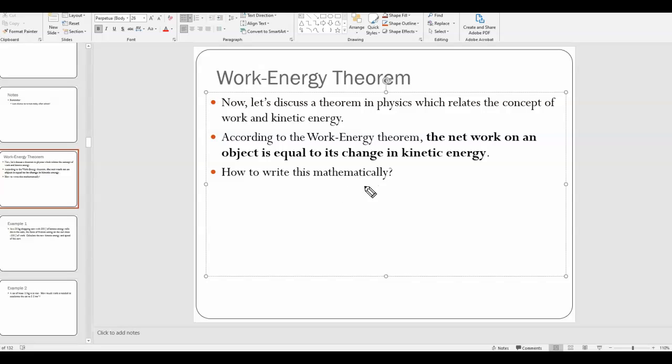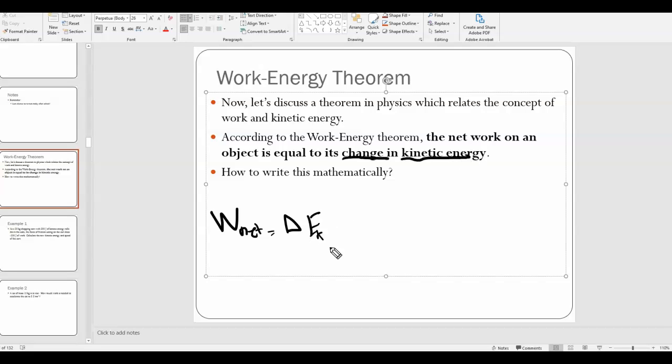So let's see, how can we write this mathematically? The net work on an object, W net, is equal to its change in, it's always delta, kinetic energy, which is EK.